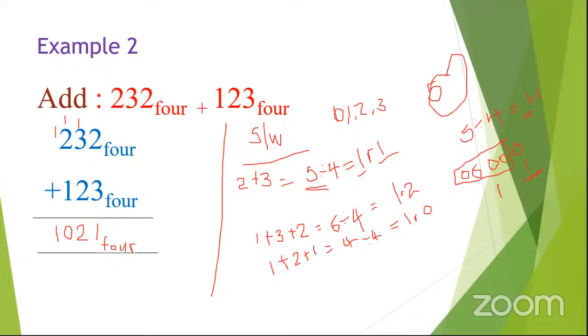And remember, we are not writing the equivalency of the base. But the moment you regroup it, in the next place value, it becomes of less value. But the moment you write it under that very place value you're dealing with, it's like when you're adding and you realize you've got answer 12. You write the first one, that is 2, and then you regroup 1 to the next place value.